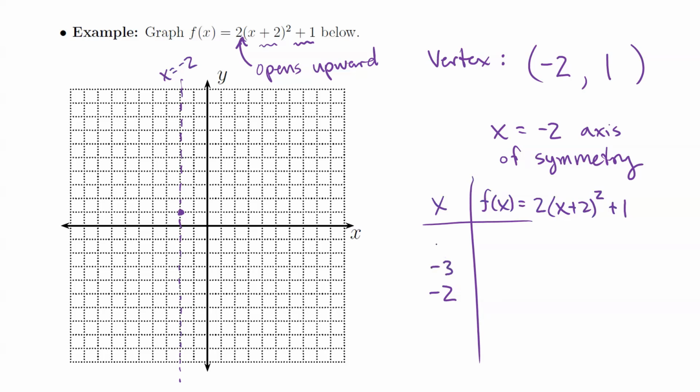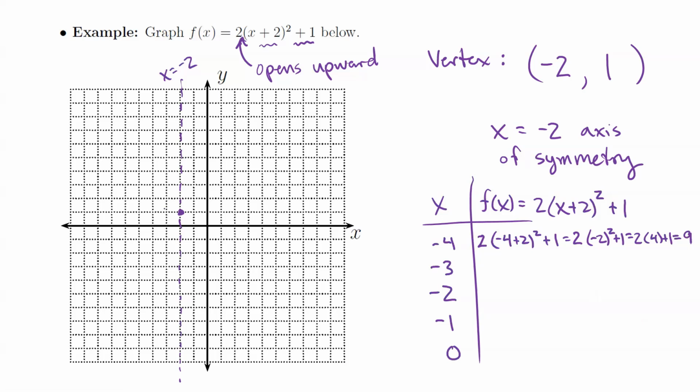So I'll go 2 back in that direction, and I'll go at least 2 in this direction, and then we'll see what we get. So we have 2 times -4 plus 2 squared plus 1, which is 2 times -2 squared plus 1, which is going to be 2 times 4 plus 1, which is 9.